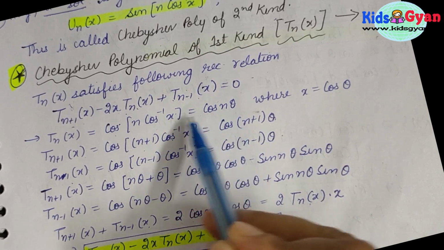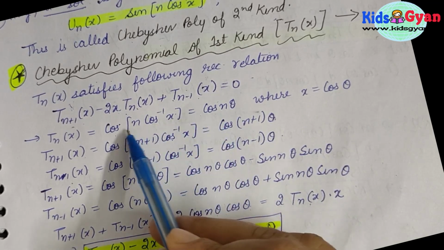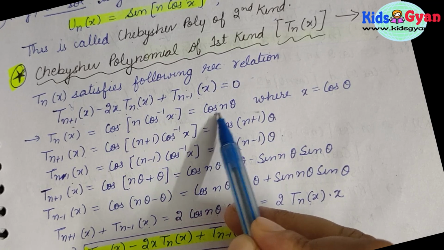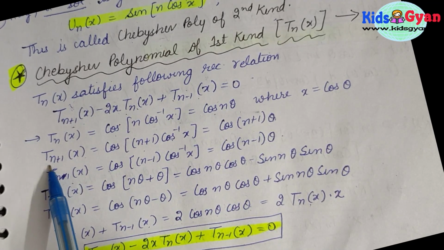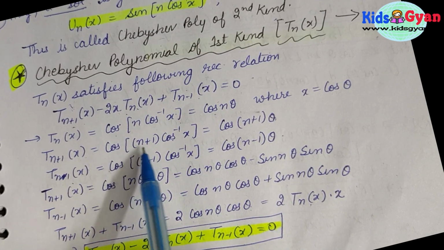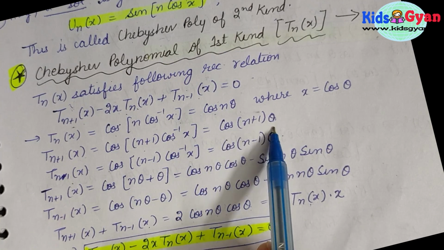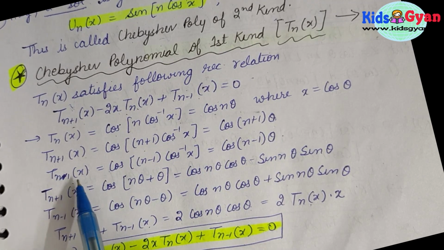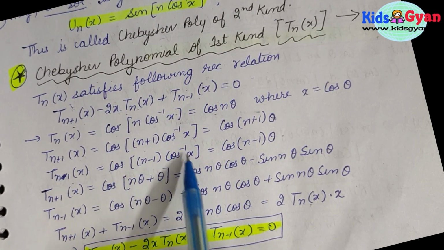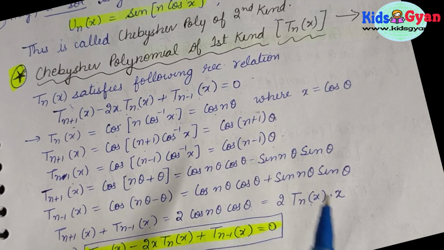Similarly Tn+1(x) is cos((n+1) cos inverse x), so cos (n+1) theta. Similarly Tn-1(x) is cos((n-1) cos inverse x), so cos (n-1) theta.